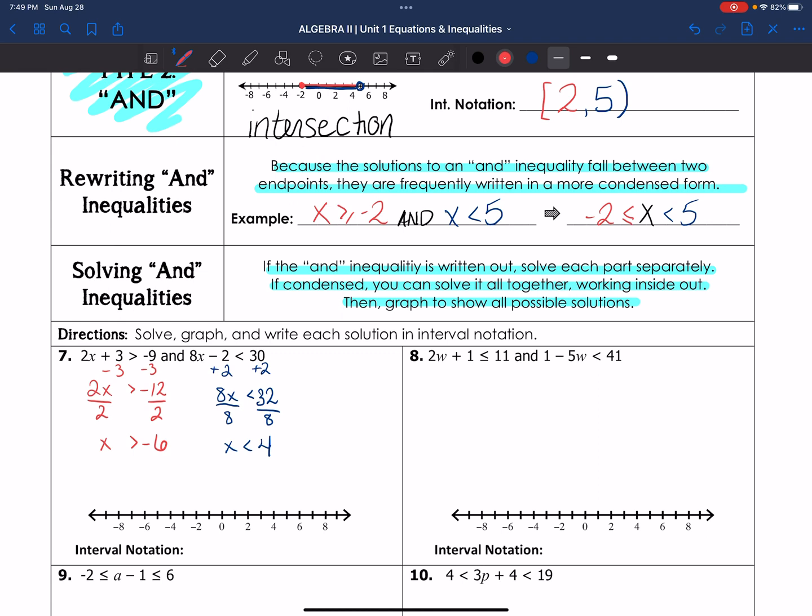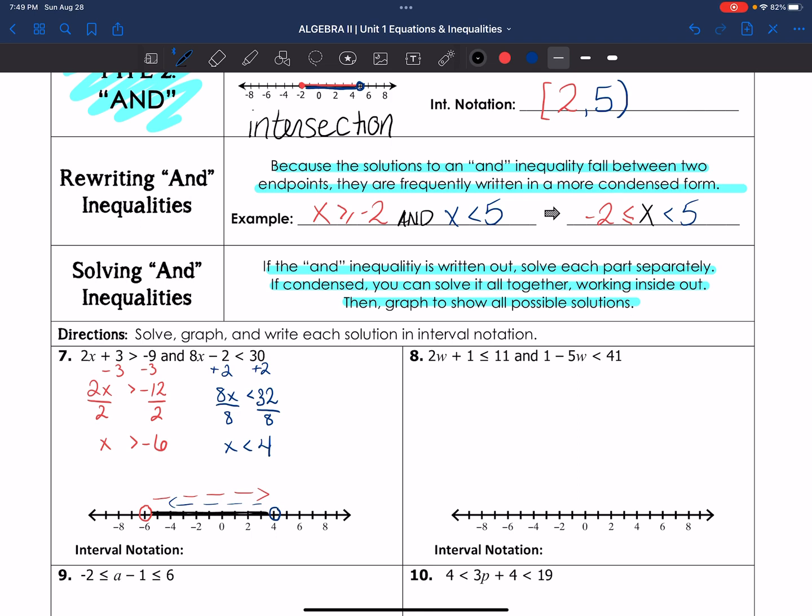Let's go ahead and put that in there. Where is the negative 6? That's going to be right here, open circle. And we want our x to be less than 4. So the less than 4 is going to be going in this direction, right? And the greater than negative 6 is going to be going in this direction. So that shaded region is everything between those two endpoints.